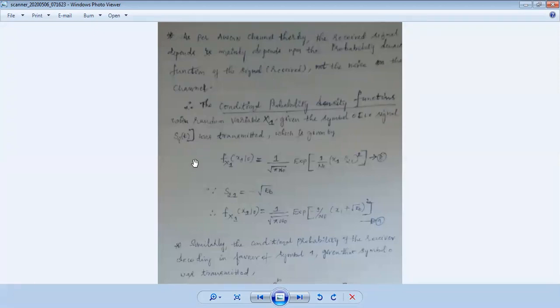Okay, exactly. That is the conditional probability density function, which you have to check. When the signal is transmitted through AWGN, the noise is always random in nature.